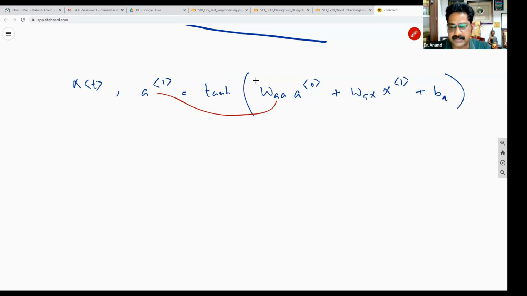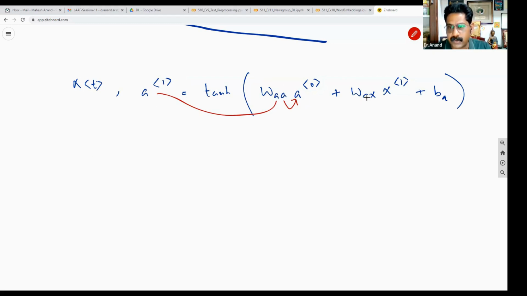That means this weight matrix is going to yield something for the hidden state. The second subscript represents what kind of variable this weight matrix is going to be multiplied with. This weight matrix is going to multiply with the previous hidden state. That is the notation convention.